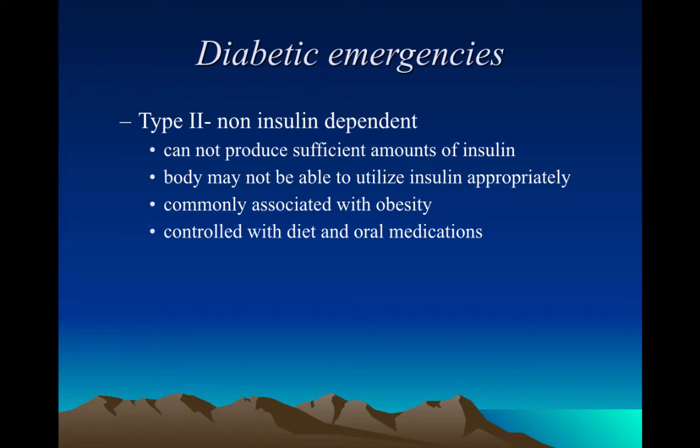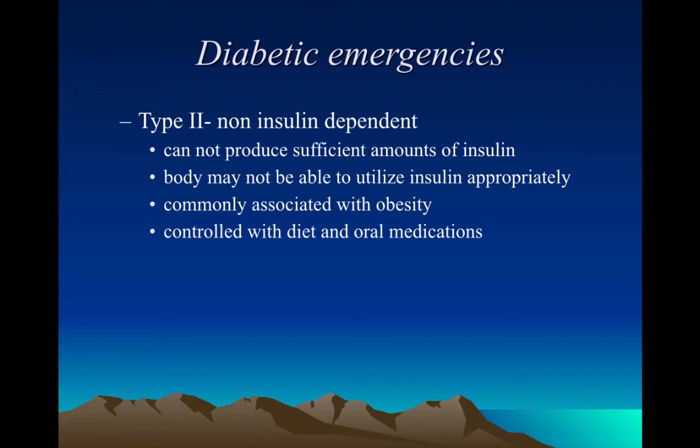There's also an idea that the body's not able to utilize the insulin appropriately, and that there's some blunting going on at the receptor sites that don't allow insulin to get into the cells. So there's a variety of reasons. There's not one more prevailing idea than the other at this point.